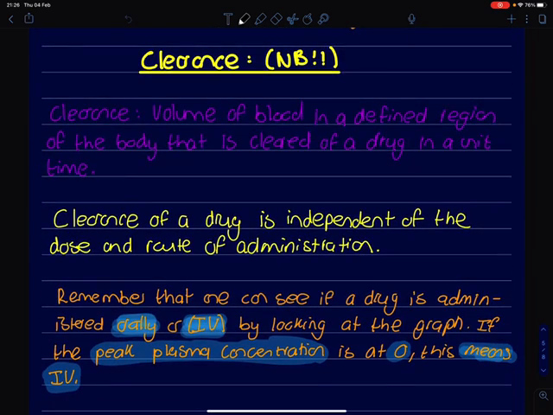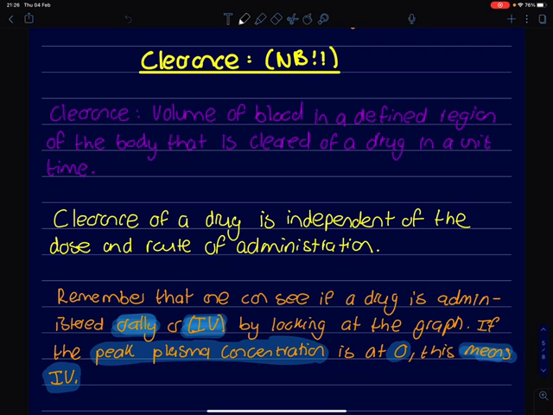Okay, then moving on to clearance. Clearance is the volume of blood in a specific or defined region of the body that is cleared of a drug per unit of time. So let's say that again: clearance is the volume of blood in a defined region that is cleared of the drug per unit of time.